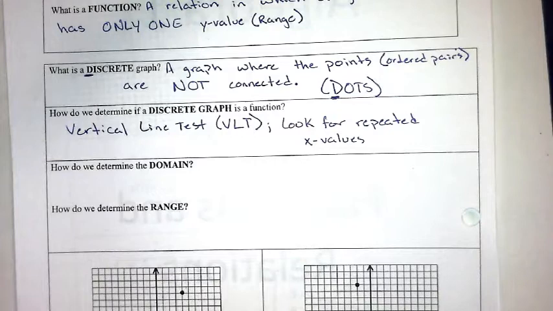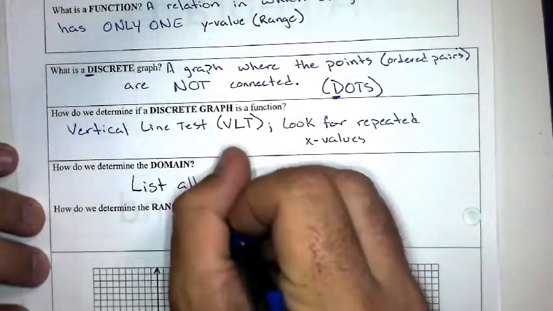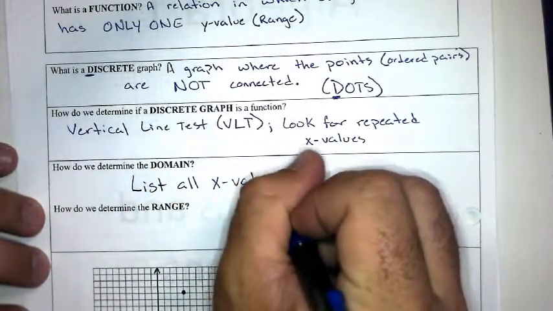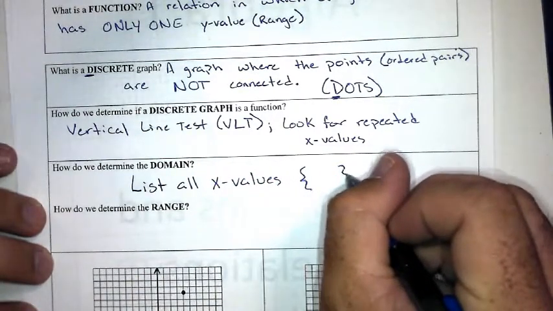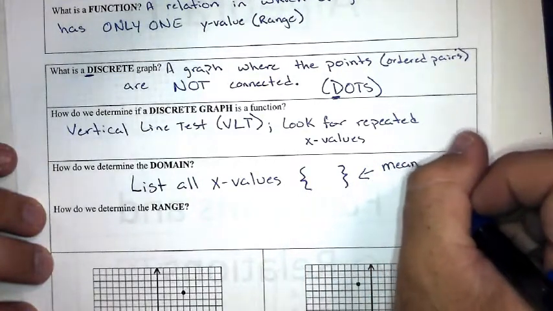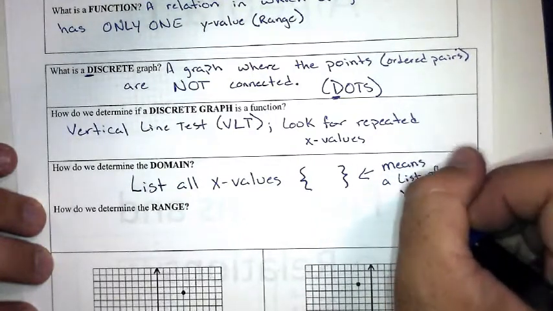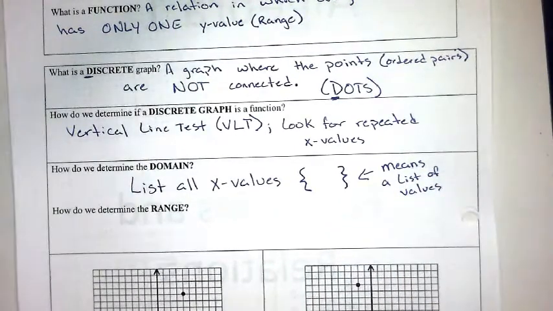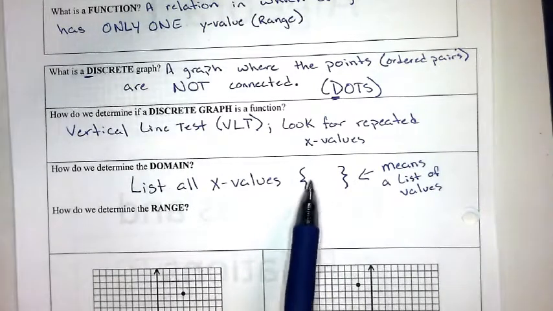Now, domain. How do we identify the domain on paper? Very simple. We list all x values by doing this symbol right here. What I have just created here, I refer to as either squiggly parentheses or fancy parentheses.